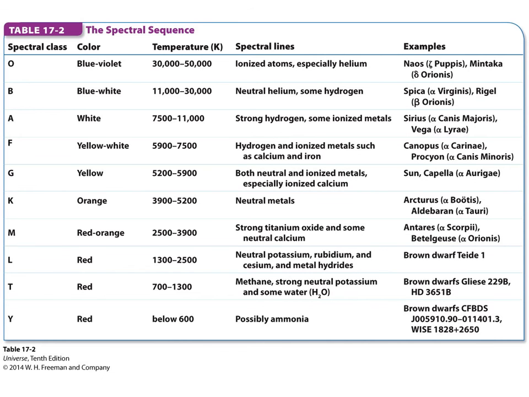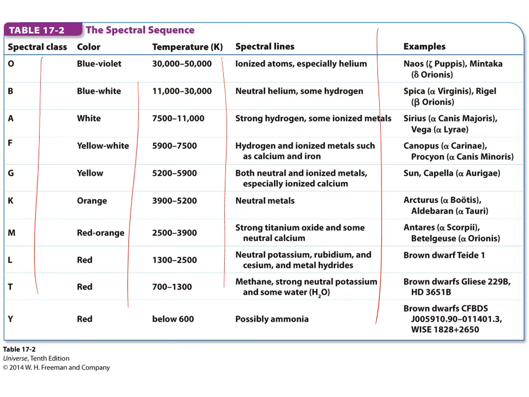So here's a graphic right here that shows you the different spectral types, what color star that would be, temperature range, what kind of things you would look for if you were actually doing spectral classification, and then examples of some of these.